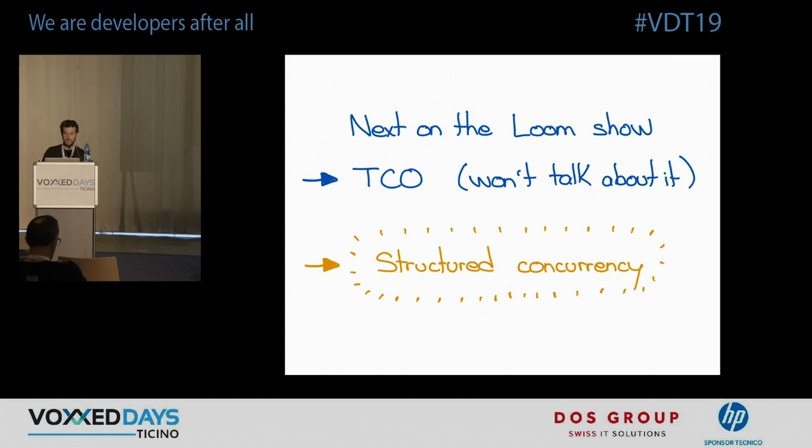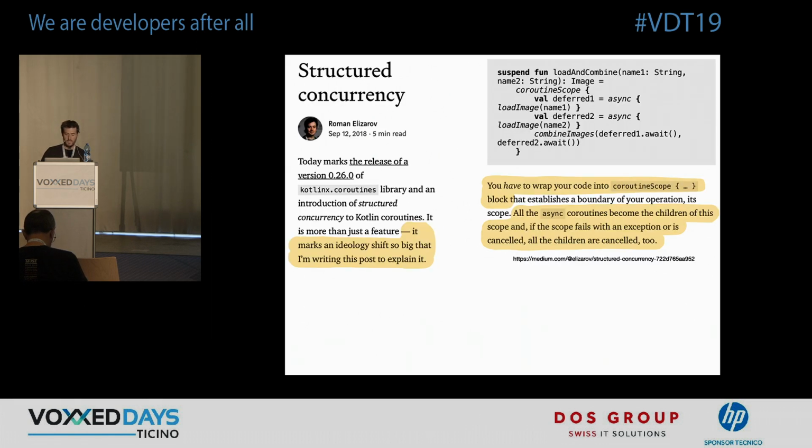Structured concurrency is something that is currently talked about in the mailing list of the Loom project. And it's actually a way to draw a bounding context around your concurrent operations in order to avoid having concurrent operations go rogue.